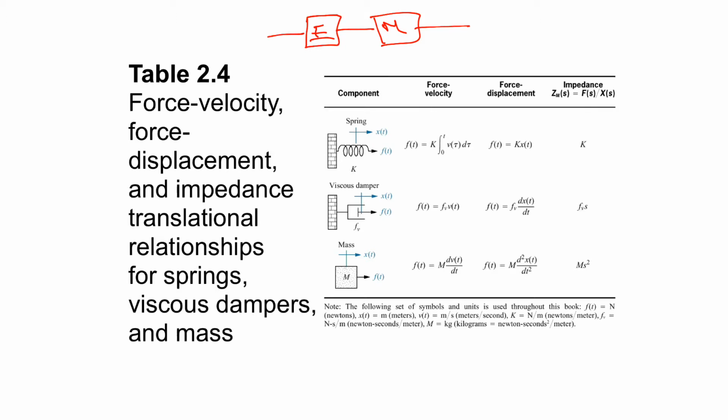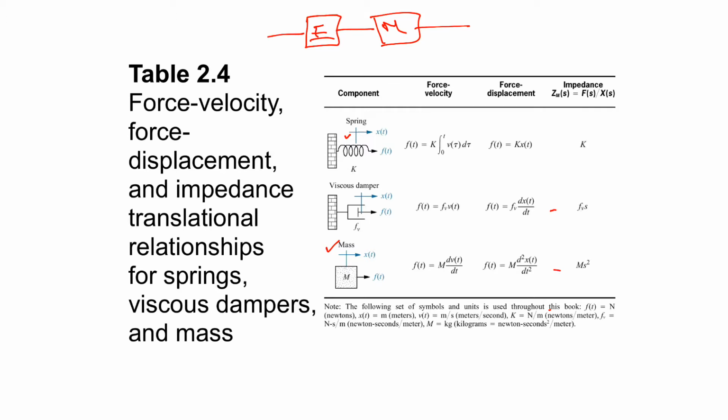systems. In the previous lecture we discussed the resistor, capacitor and the inductor. In this case we take some of the important properties of the spring, the viscous damper and the mass, and write their equations. The first is the force velocity equation for the spring. Then the force displacement: displacement is directly proportional to the force in this case.